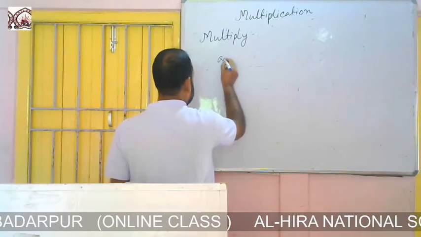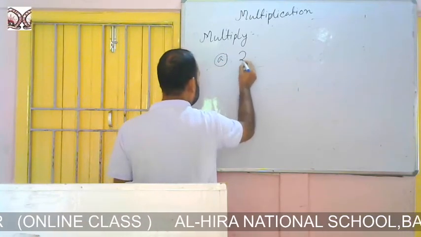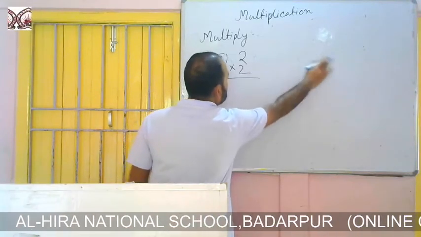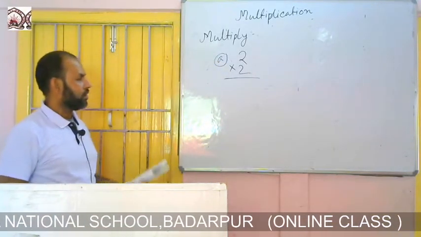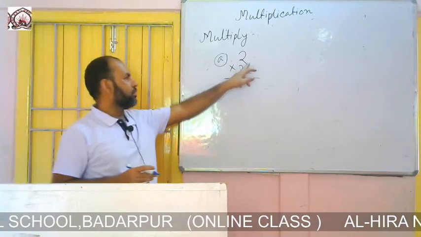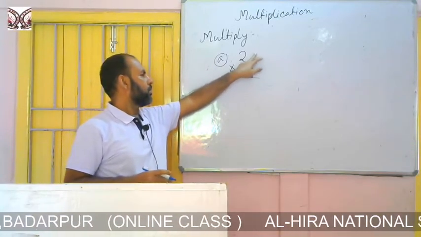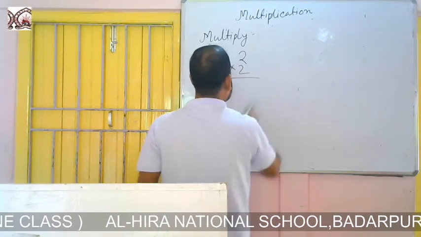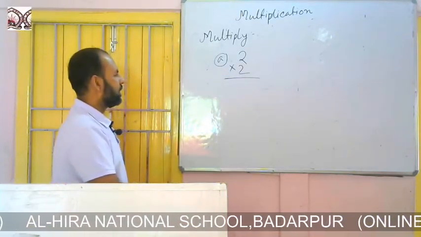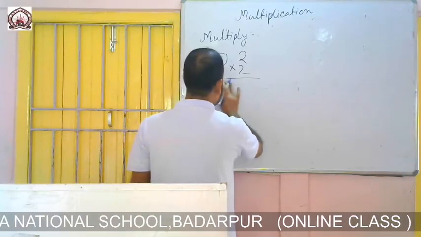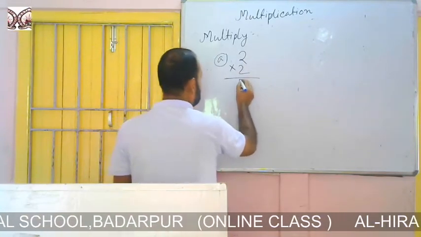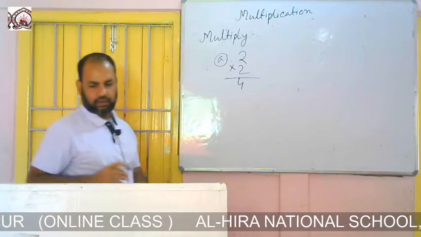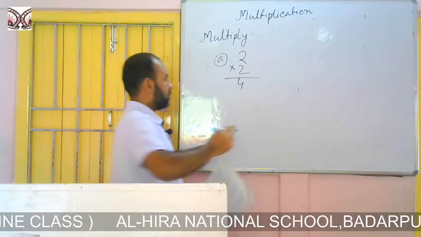Question number A, 2 into 2. So we count, multiplicand and multiplier both 2. So we count table number 2. 2 1 is 2, 2 2s are 4. Question number B.